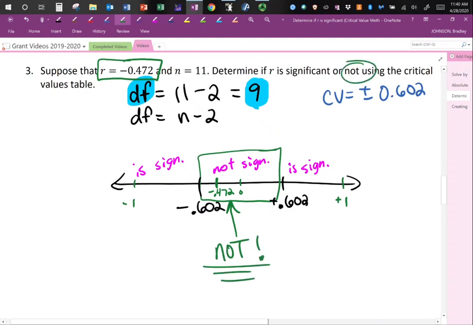So it's not significant using our critical value table. If the correlation value is not significant, it tells us that the strength is weak. We have a weak relationship here. So we will not use that line for prediction.